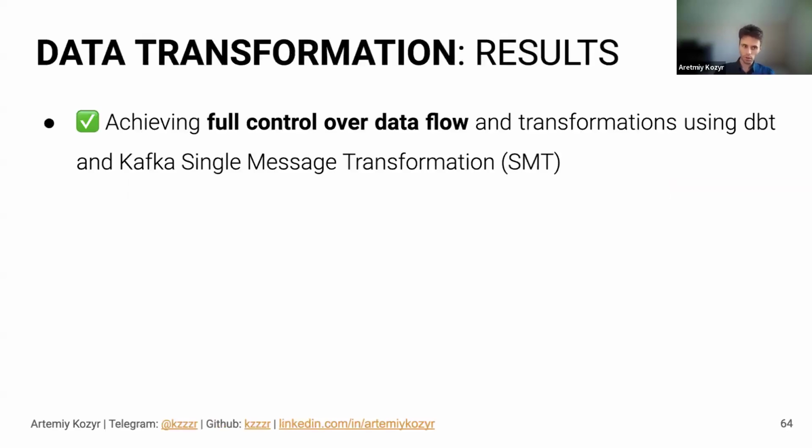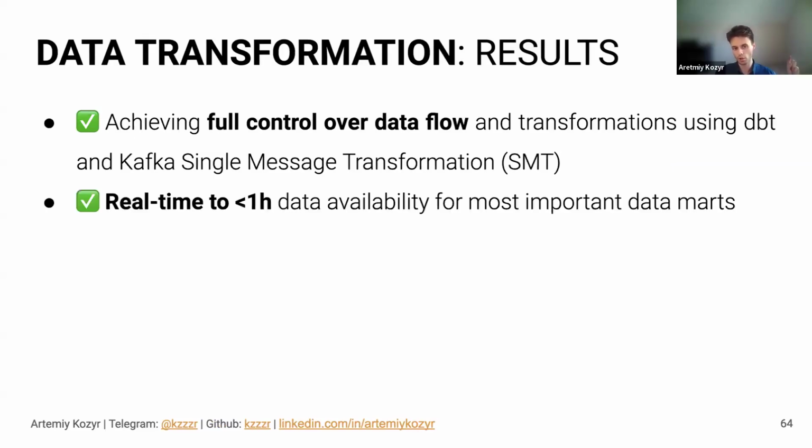All right, so the results: we're achieving full control over data flow and transformation with DBT and Kafka single message transformations. It turns out data is available in real time, in less than 1 hour, in data marts, enriched, aggregated, and ready to be served to BI tools, data science models, and so on.